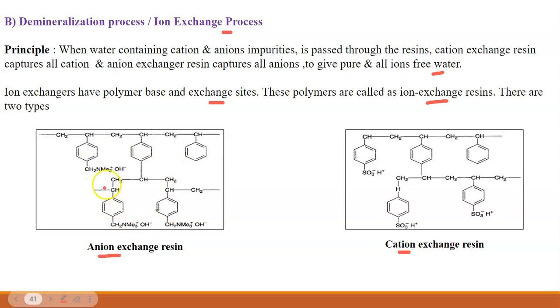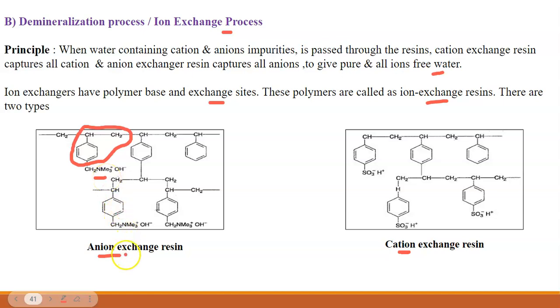You can see the structure of the anion exchange resin here and the cation exchange resin. The structure is similar. It has a backbone of a polymer, the polystyrene group, and at the side chains you can see exchange groups are present.